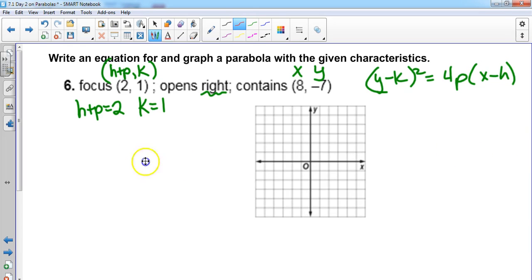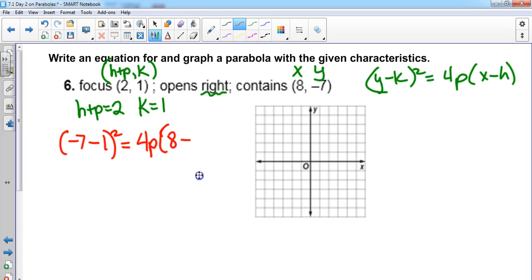Ready? What are we going to put in for y? Negative 7. Minus, what are we going to put in for k? 1. Squared equals, we don't know p, so we have to put 4p, parenthesis. What are we going to put in for x? 8.